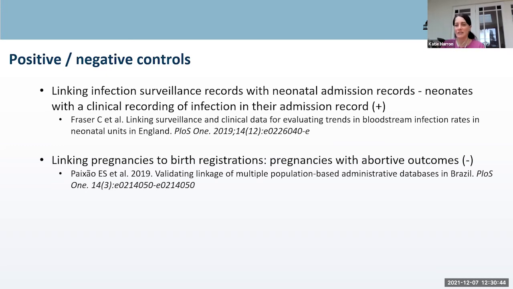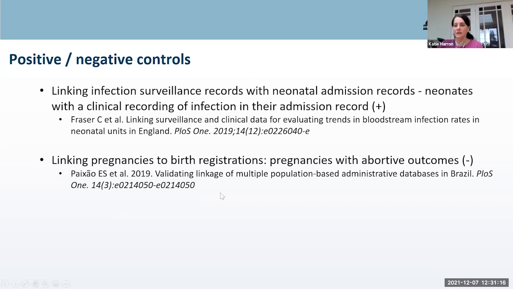And comparing the characteristics wouldn't have been helpful here because neonates that had an infection would be systematically different from those who didn't. But for a subset of the neonatal records, there was a clinical recording in the neonatal record of infection. So we knew that we could use that subset as a group of positive controls who should definitely link to their laboratory record. So that is one way that we try to estimate rates of linkage errors.